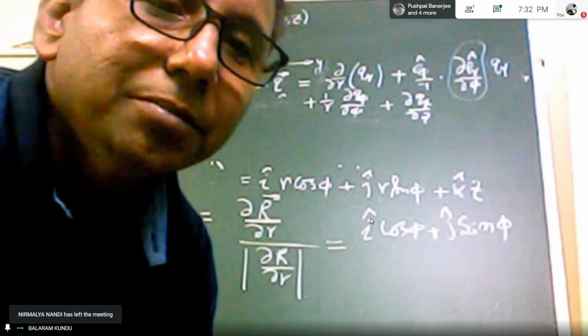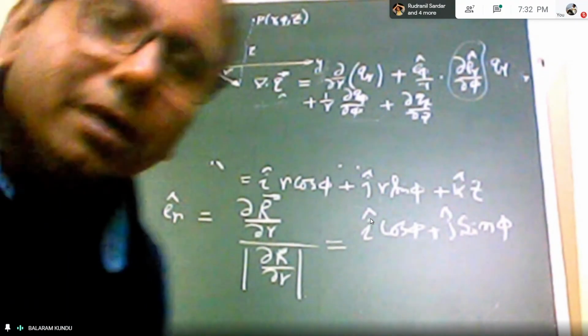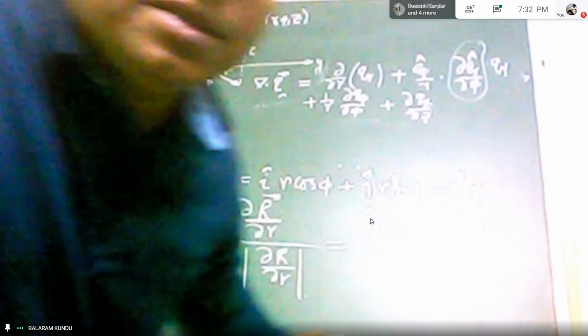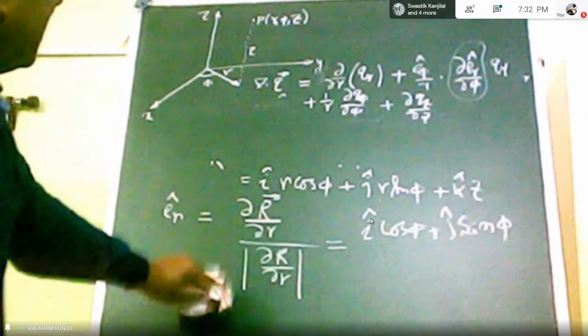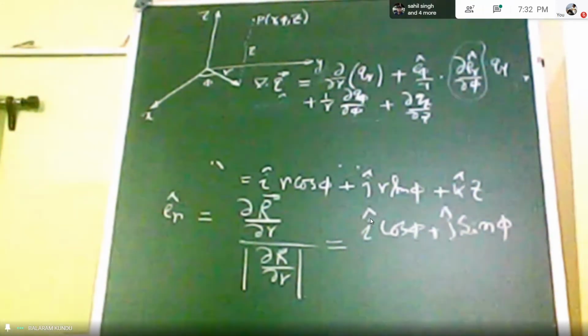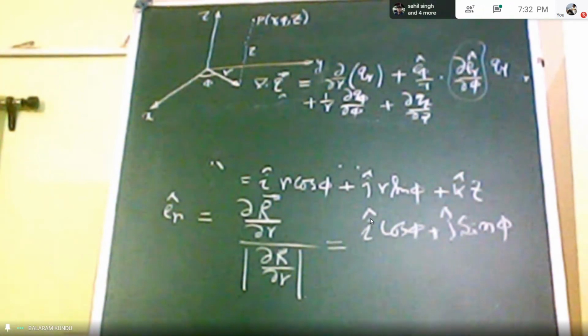No, sir, no, sir. মিস্টার সুইল সিং, ইট ইজ ওকে? No, sir, no confusion. ইট ইজ নট ওকে? No, sir, it's okay. It's perfectly Okay, visible, okay.